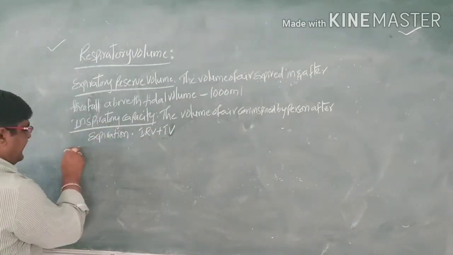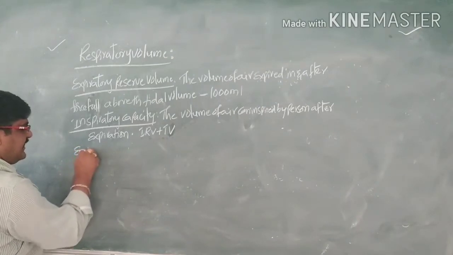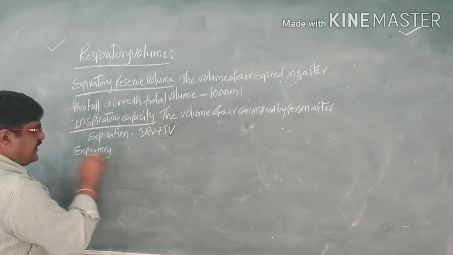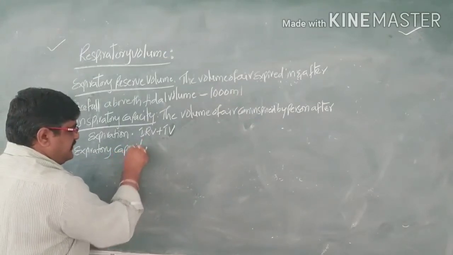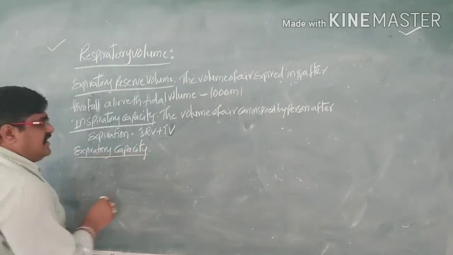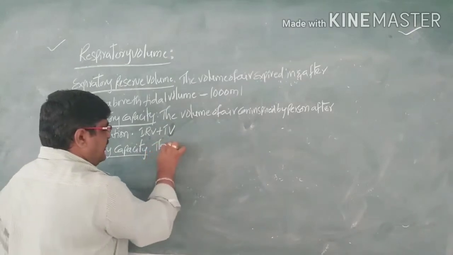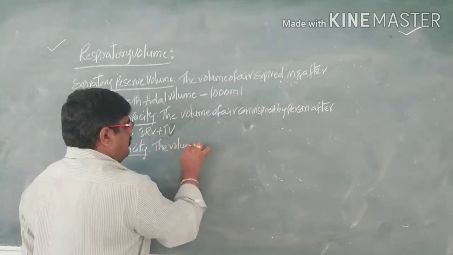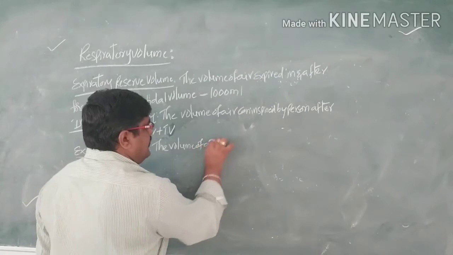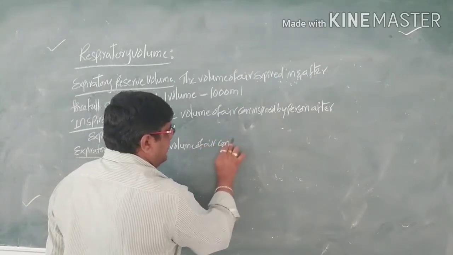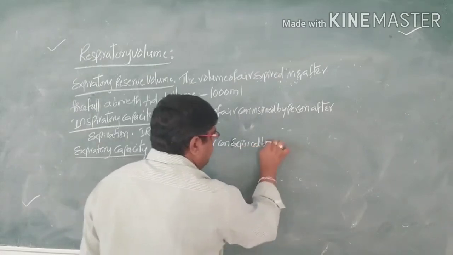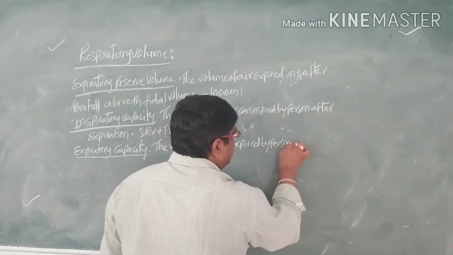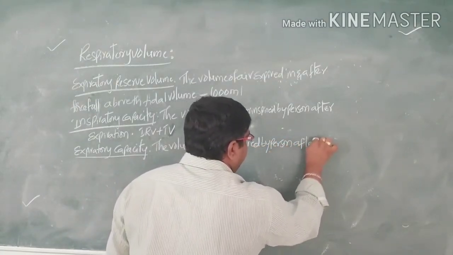Next, expiratory capacity. Here it is the volume of air that can be expired by the person after an inspiration.